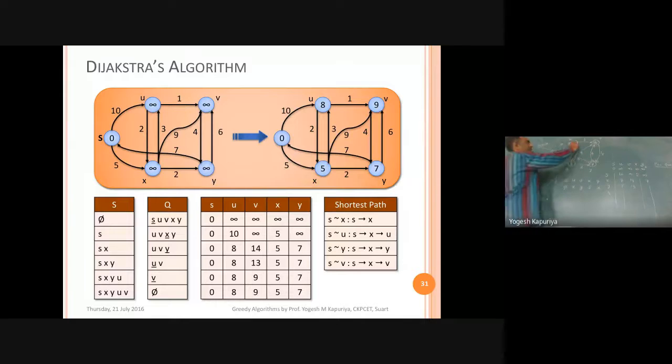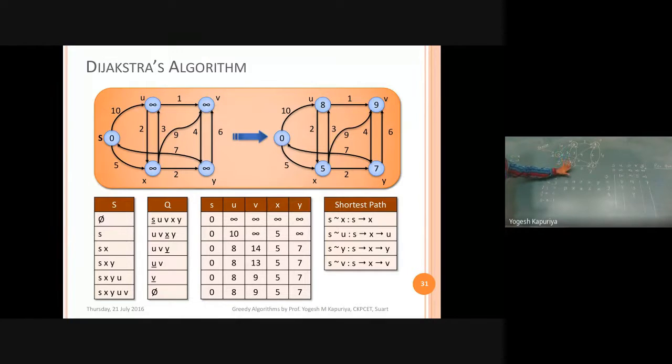So this will be changed to 9, and parent U. Next is 8 plus 2, 10, 5.